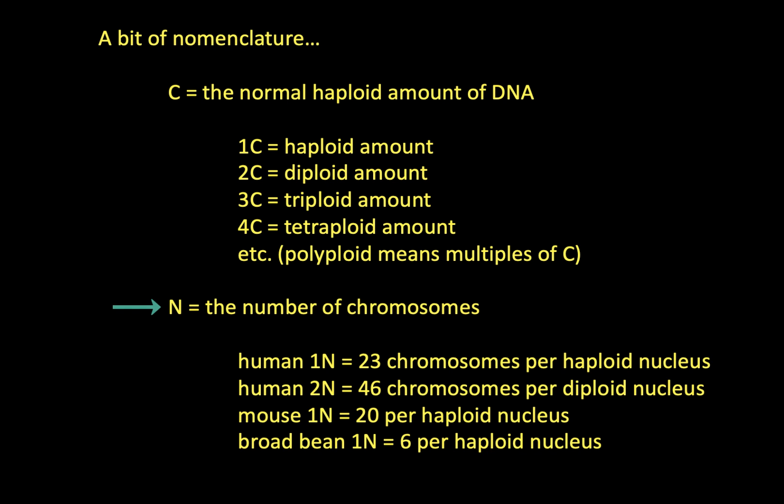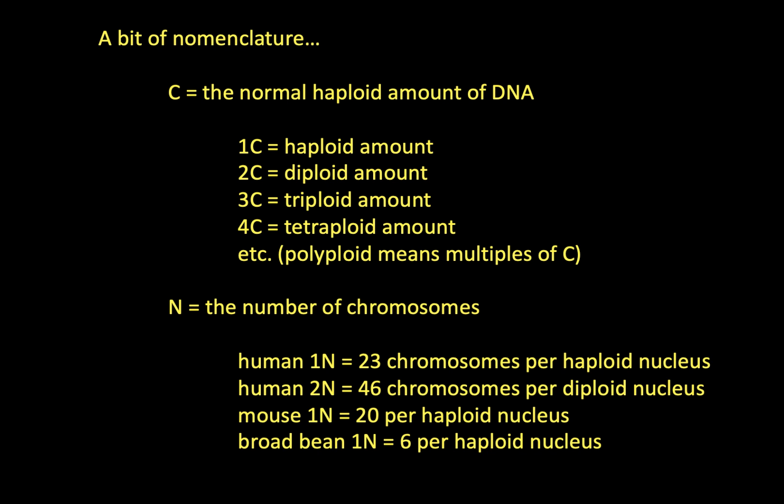N, on the other hand, stands for the number of chromosomes. So in the human genome, 1N, a haploid cell, has 23 chromosomes, and 2N has 46 chromosomes. In mouse, on the other hand, the haploid number is 20 chromosomes per haploid nucleus, and in broadbean, 1N equals 6 chromosomes.